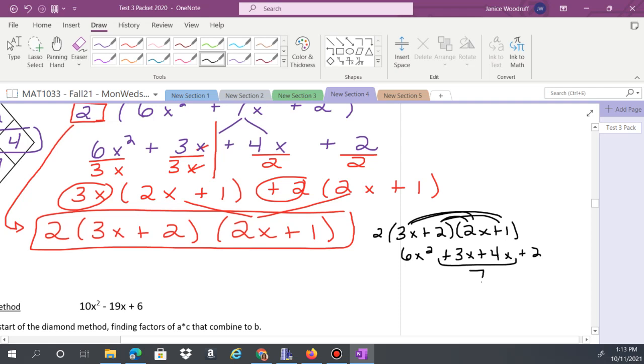The 2 middle terms will give us 7x. And if I take all of that and multiply by 2, I'm going to get 2 times 6, 12x squared. 2 times 7, 14x. 2 times 2, 4. So back to my original problem. Good to go.